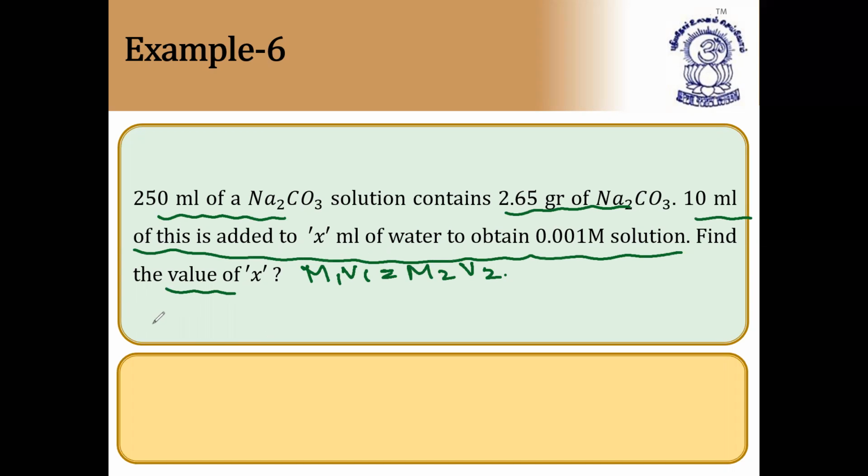So how to find M1? M1, that is molarity 1, is equal to weight of solute, that is 2.65, by molecular weight of sodium carbonate, 106, into 1000 by 250.